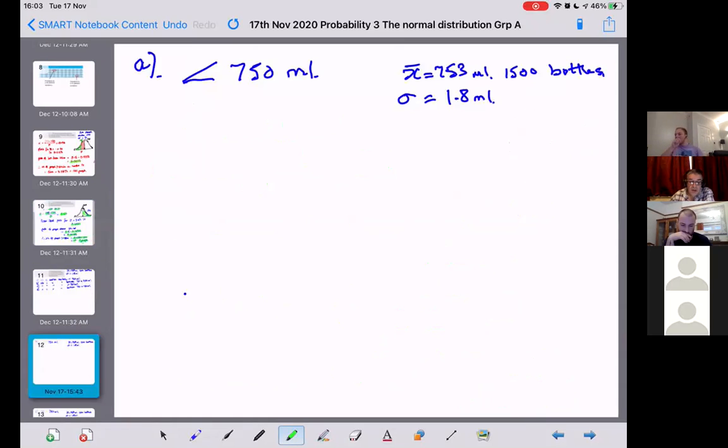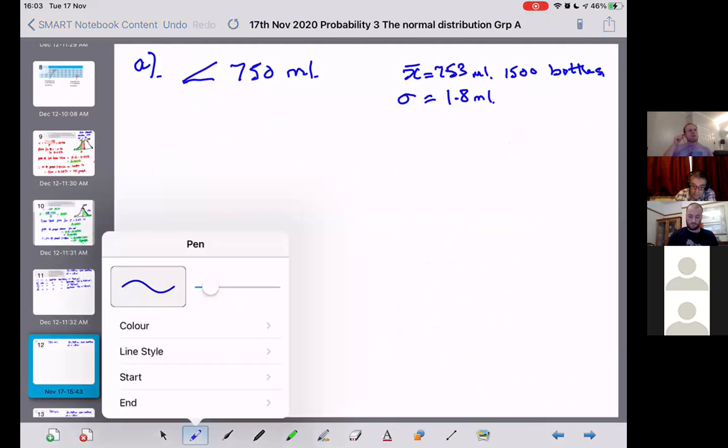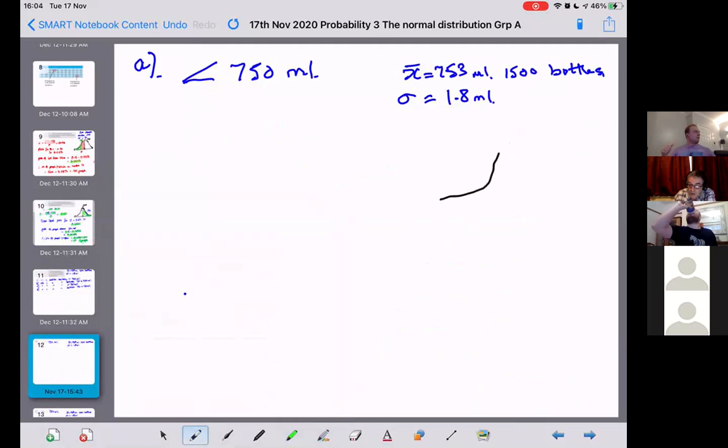Right, so we're looking out of the 1,500 bottles for how many of them are less than 750 ml. We're looking at a situation where we've got a normalized curve, where the mean is 753 and the standard deviation is 1.8.